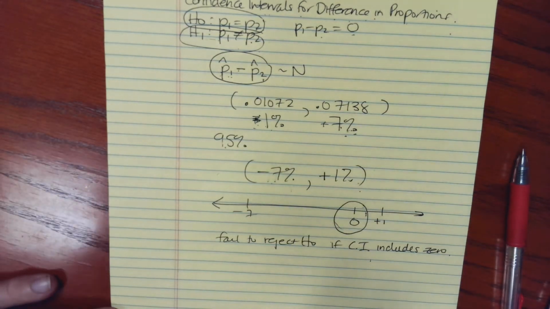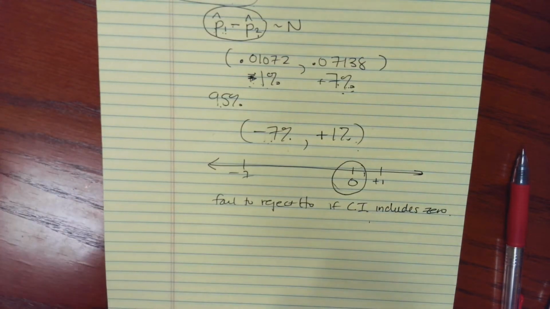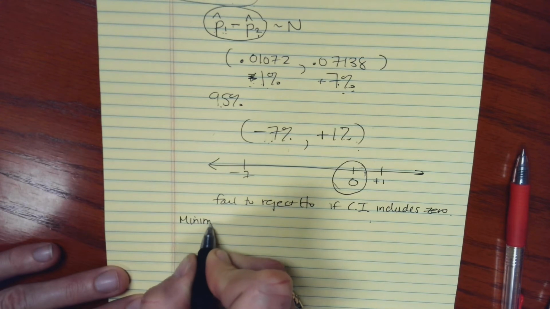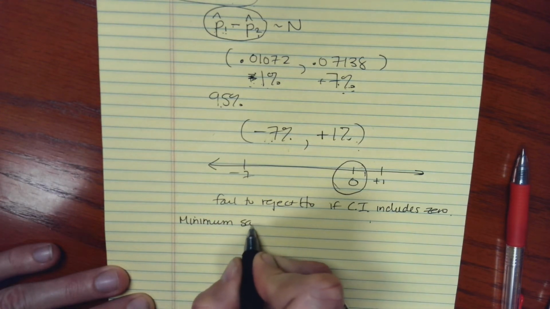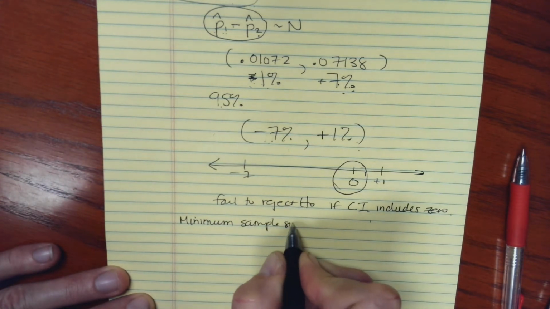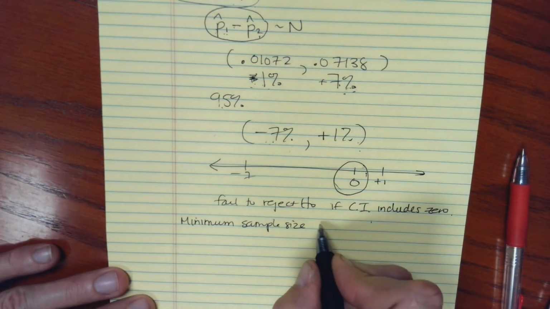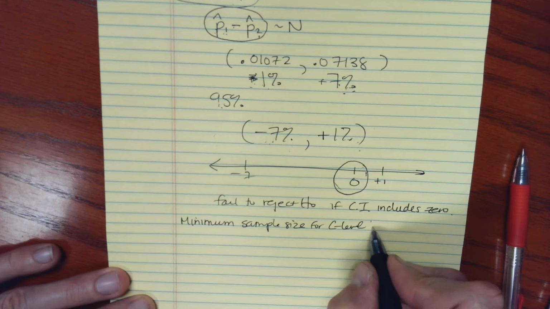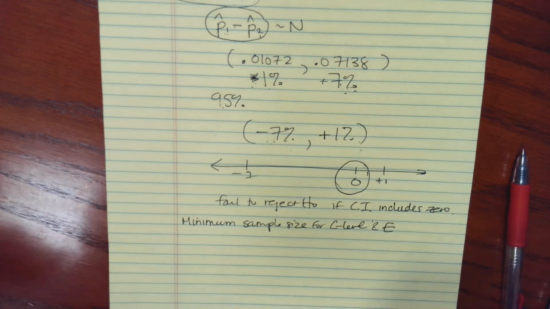All right, so one last thing has to do with confidence intervals, and this would be if you need to calculate the minimum sample size, if you have a particular confidence level and margin of error.